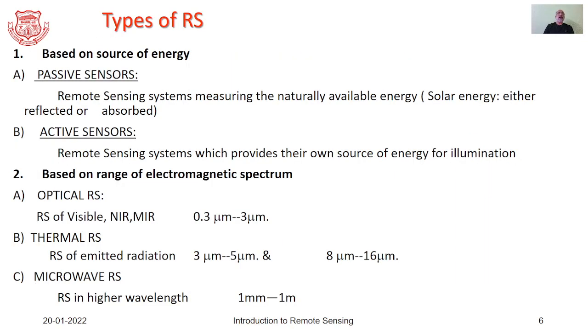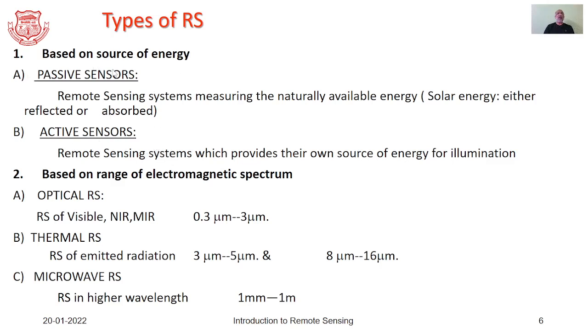Let's try to understand how the technique of remote sensing is classified. It can be classified based on the source of energy as a passive remote sensing system or an active remote sensing system.